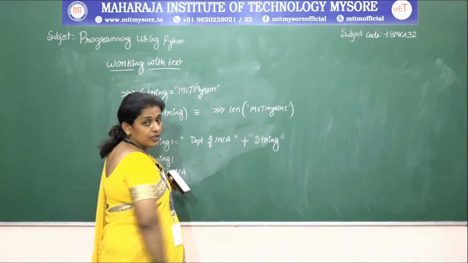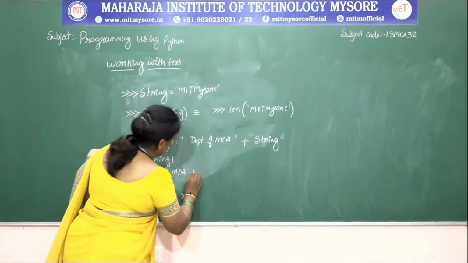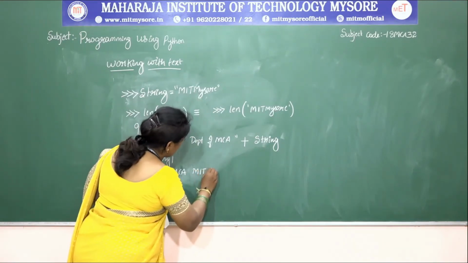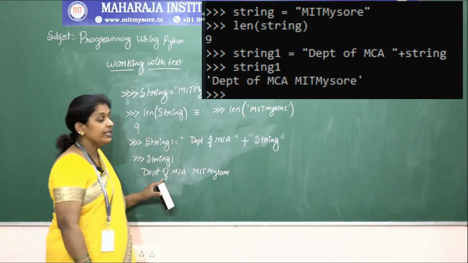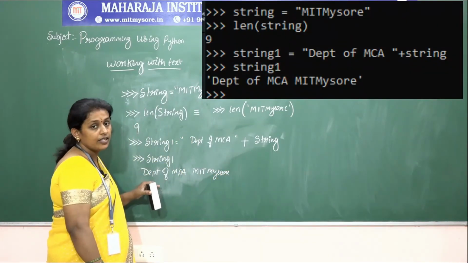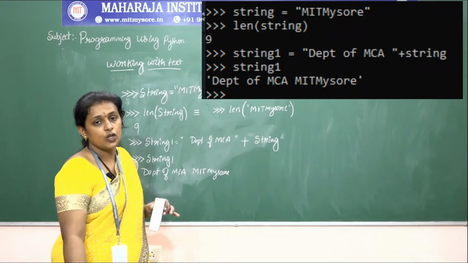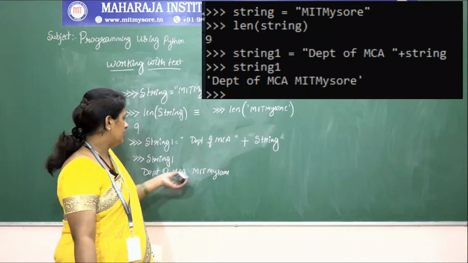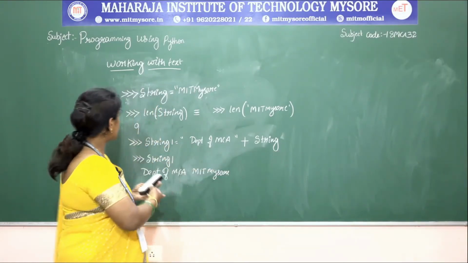What is the string value? The string value is MIT Mysore, so this will be displayed. This is the concatenation operation between a value and a variable.